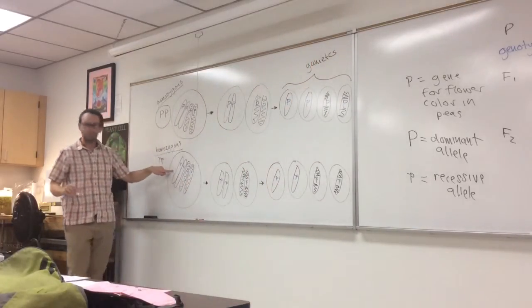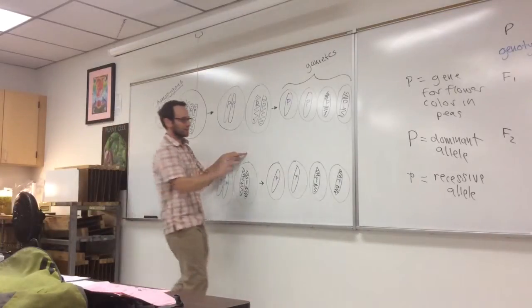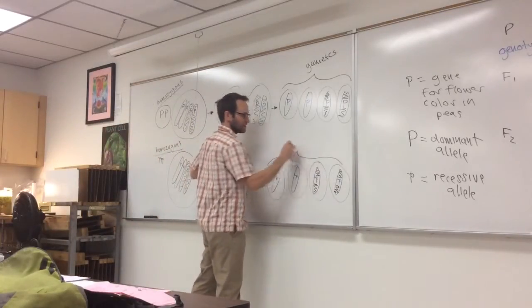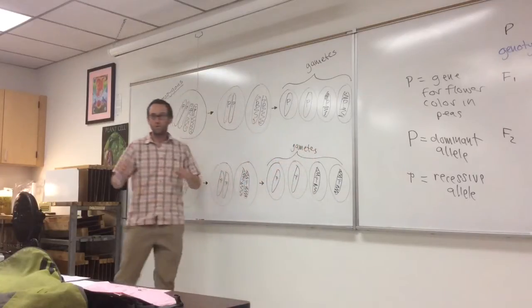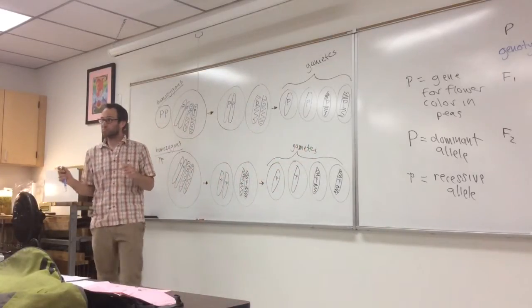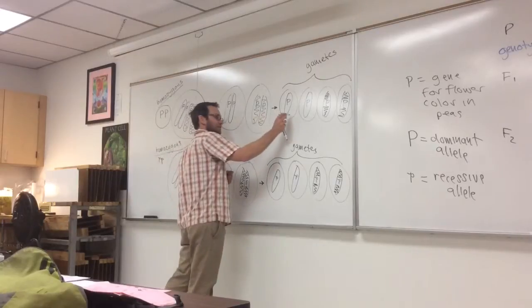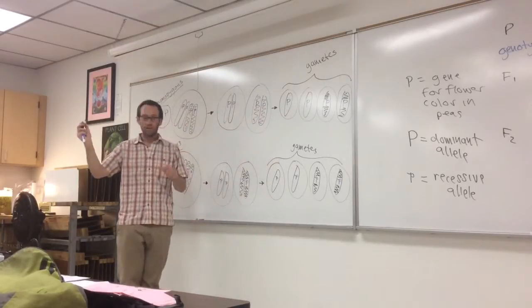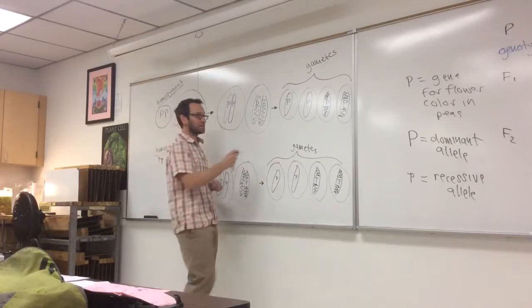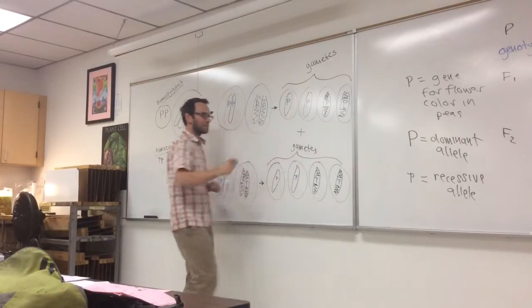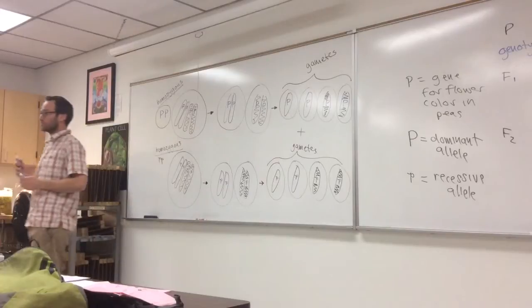Homozygous white goes through meiosis and makes these gametes. So when they mate, you'll randomly pluck one gamete from the purple and one gamete from the white. And so what do you end up with when you randomly combine any two gametes from these pools?